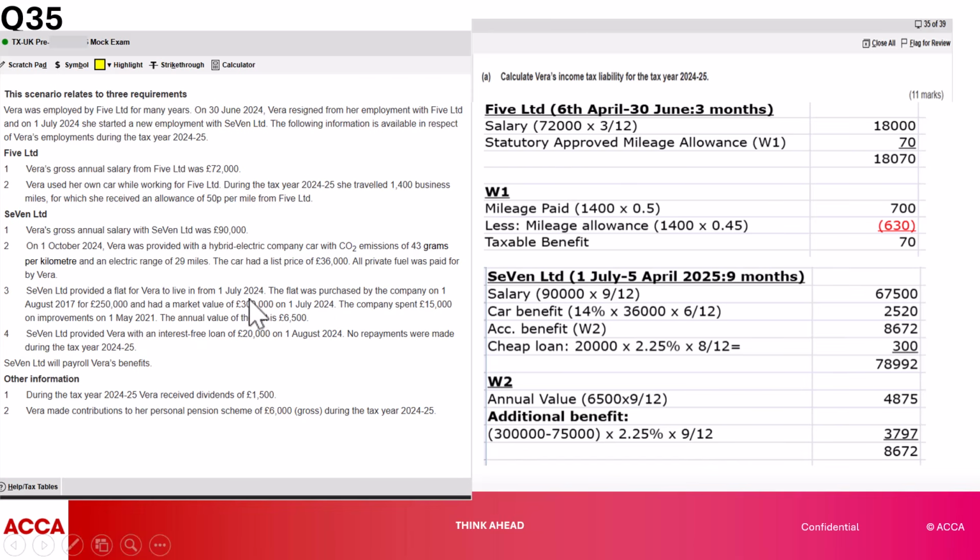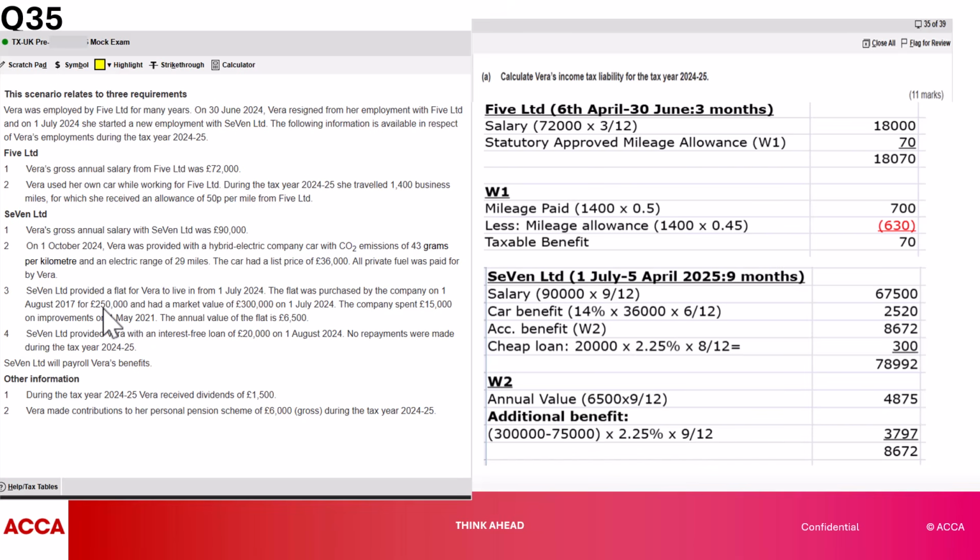Like in our case, the employer bought the flat for 250,000, which is more than 75,000 pounds. So to compute the additional benefit, we have to get the cost of providing living accommodation minus 75,000 times the official rate of interest, which is 2.25%.